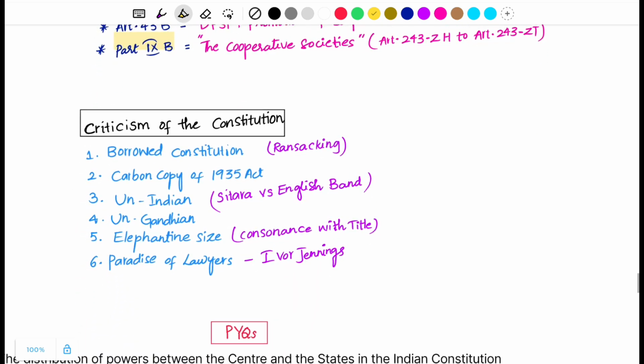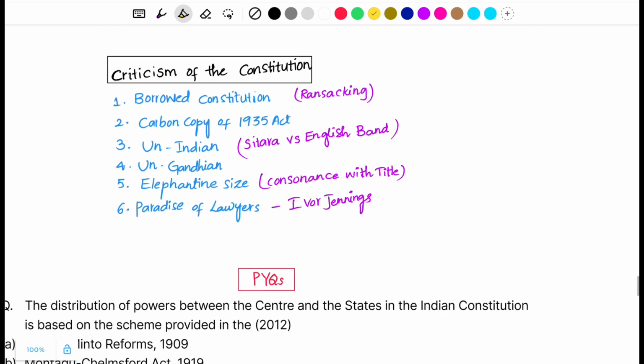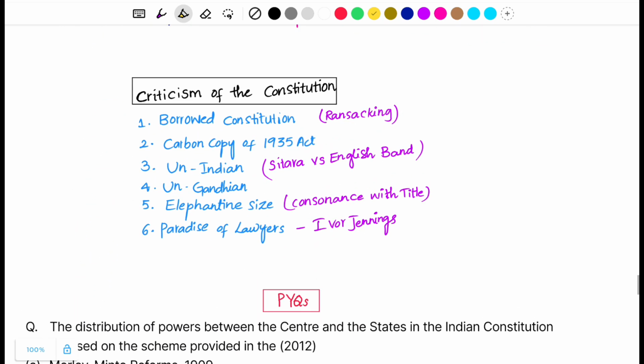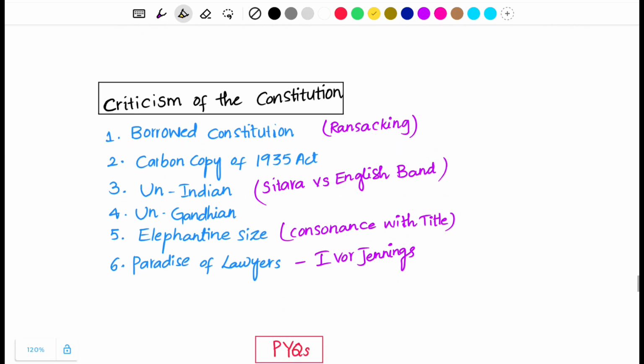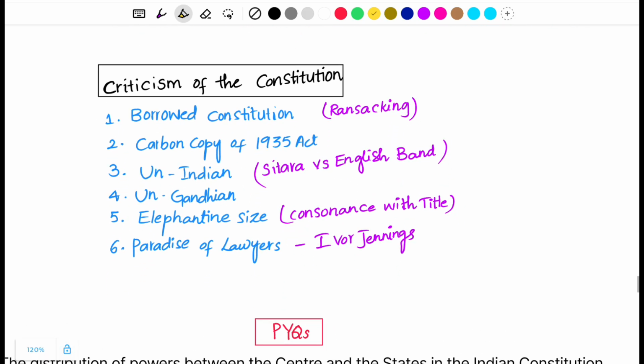Now we have the criticism of the Constitution. First criticism, I have already said, Dr. B.R. Ambedkar opined that the Indian Constitution is a ransacking of all the constitutions in the world. It is stealing. The Indian Constitution is made by borrowing from all the constitutions in the world.